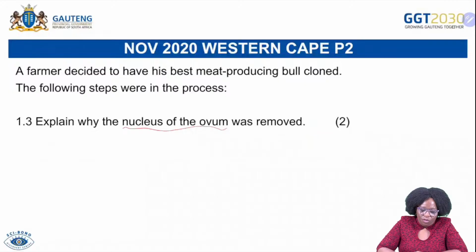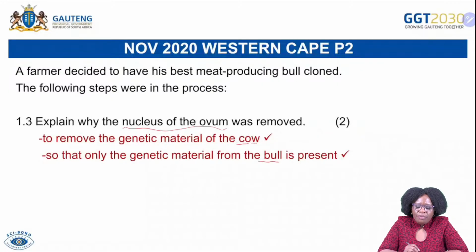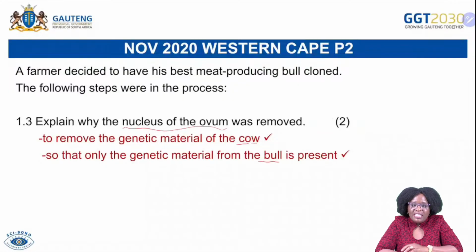Why was it removed? To remove the genetic material of the cow so that only the genetic material of the bull is present. And by the way, this farmer, what was the main reason of this process that is taking place here of cloning?